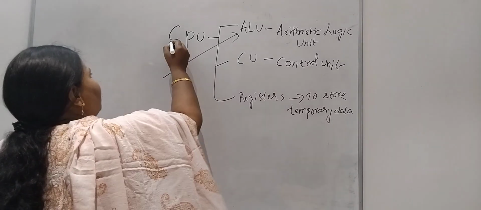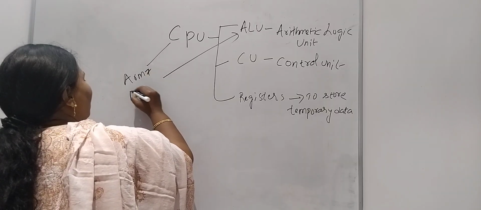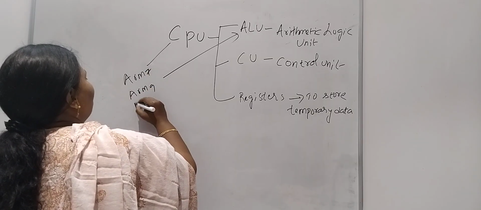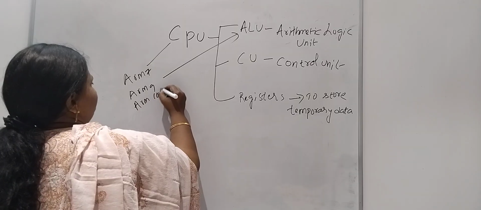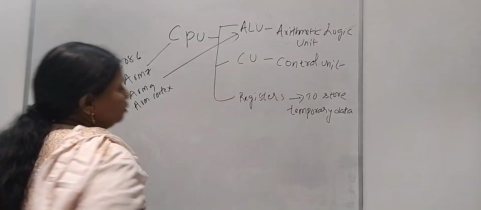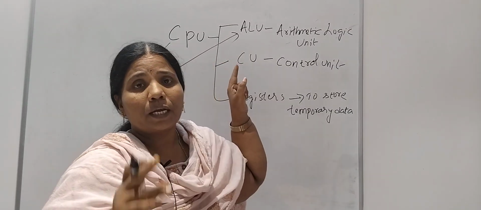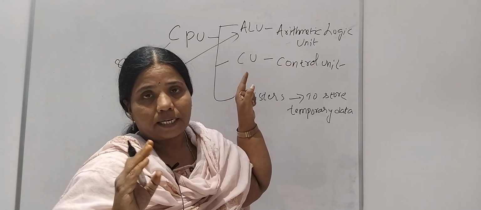So as CPU examples you can take ARM7 processor, ARM9 processor or ARM Cortex processor. Like that many are there, like 8086 processors. The other name given to the CPU, the full form is central processing unit.